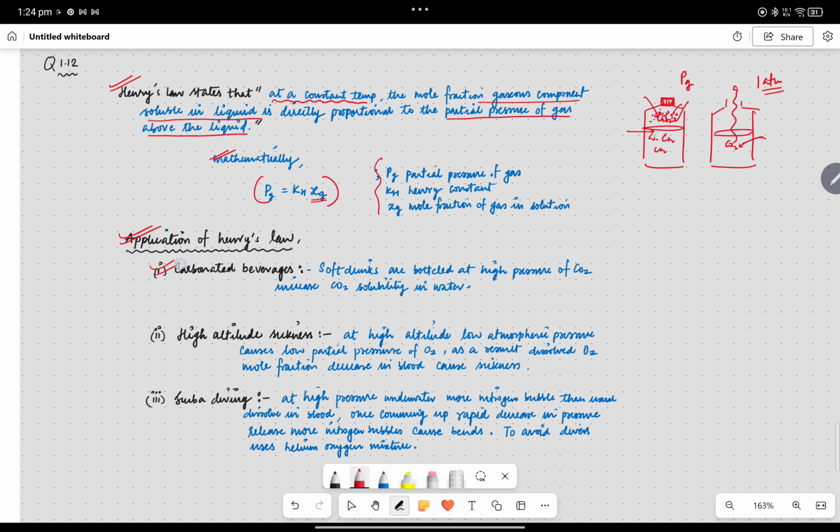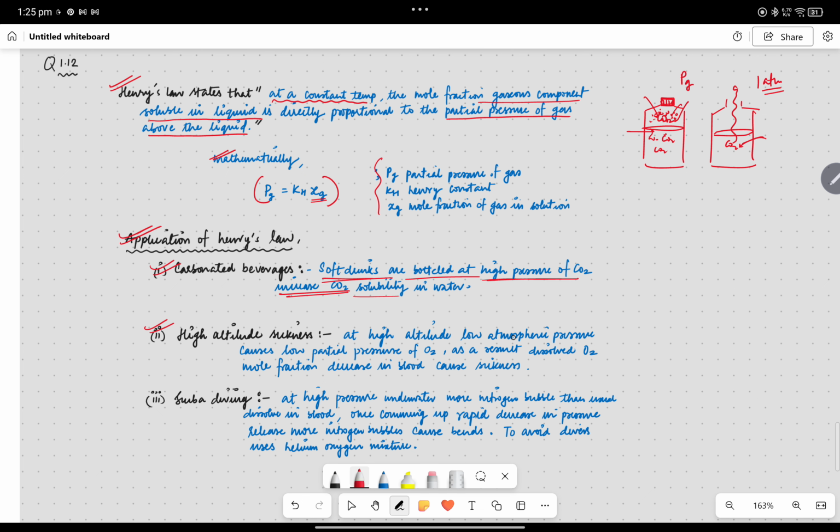First of all, the making of carbonated beverages. Soft drinks are bottled at high pressure of CO2, which increases CO2 solubility in water. Second, at high altitude we feel sickness. Why?